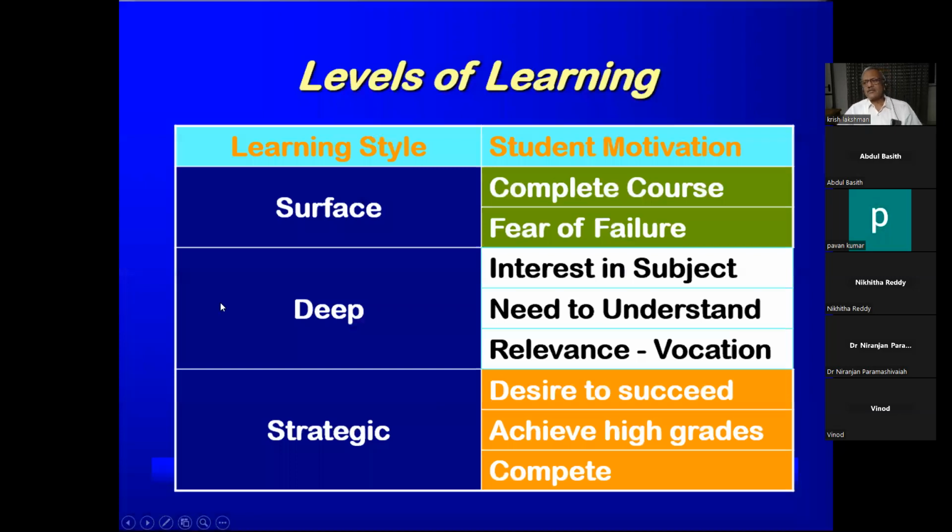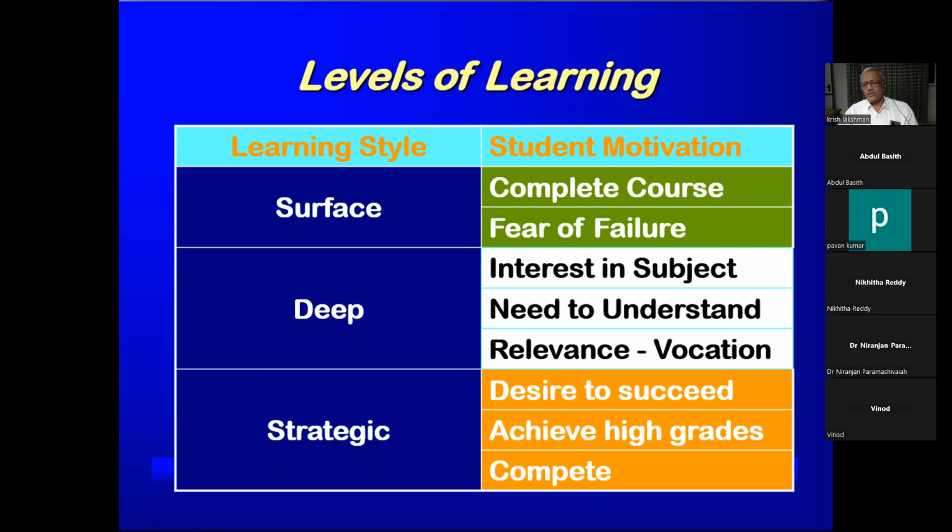We must understand that learning occurs at different levels: surface learning, deep learning, and strategic. Most school kids will be learning at surface level. There, you're afraid that you fail, and so you perform. That's not what we expect from postgraduates in surgery, for example.